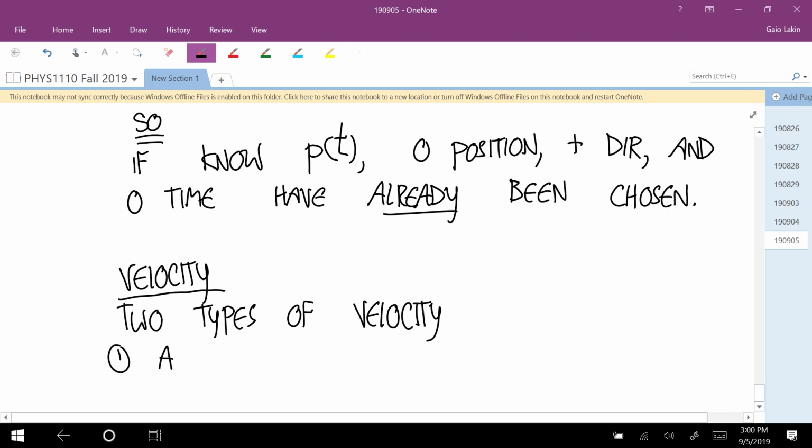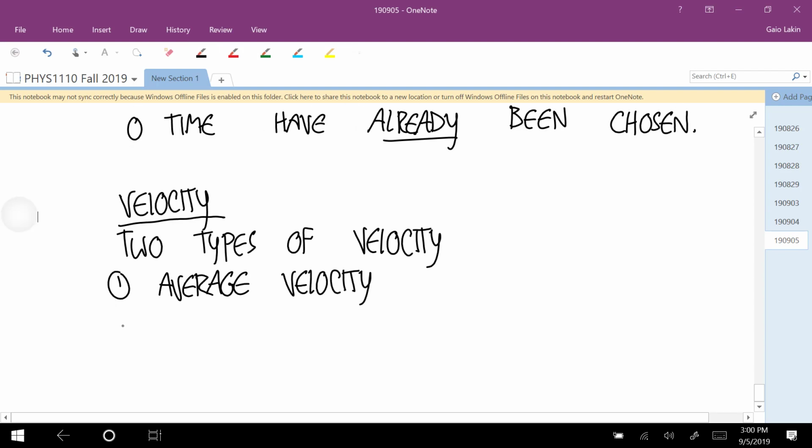The first one is average velocity. And the second one is instantaneous velocity.